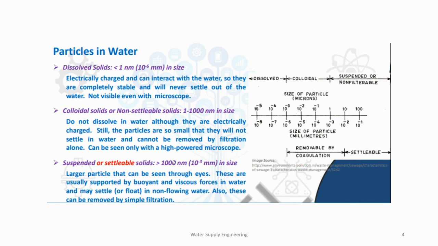And if the water is stagnant or not flowing or in a static condition, then the suspended solids may get settled under the effect of gravitational forces. Also, the removal of suspended solids is possible through simple filtration. So, depending upon the size, the particles in water can be classified into dissolved solids, colloidal solids, and suspended solids.